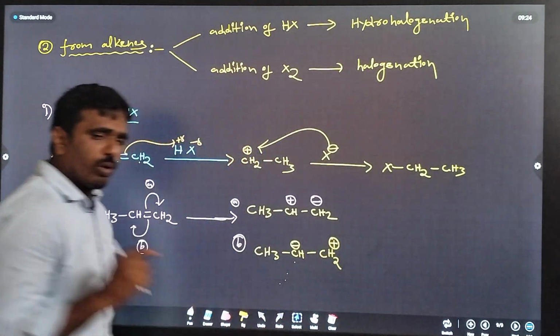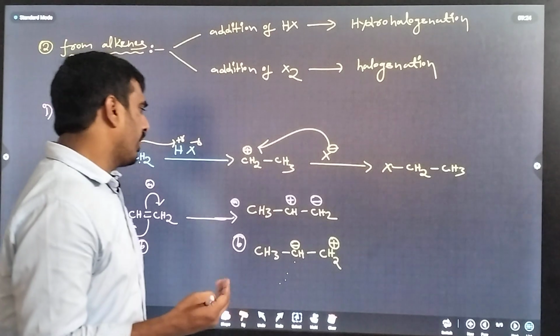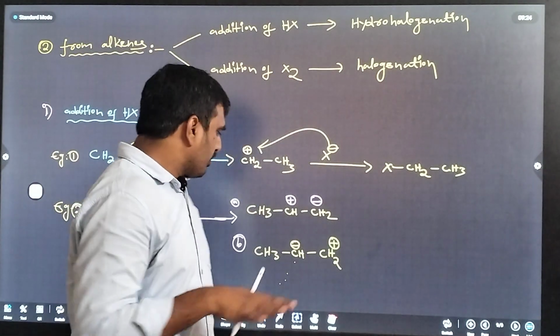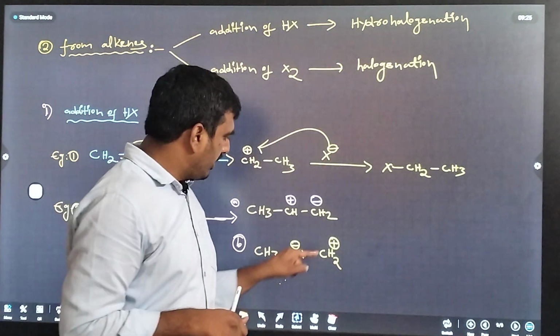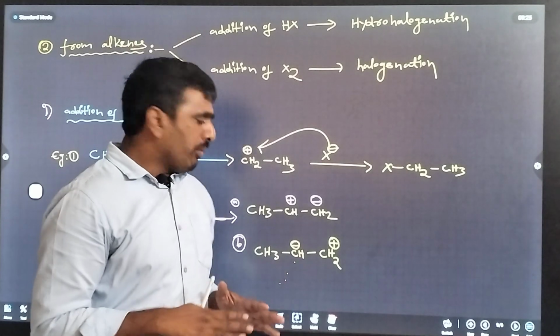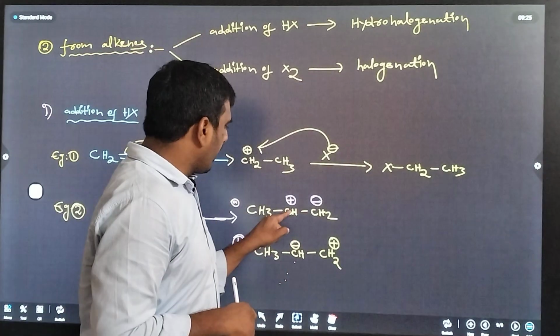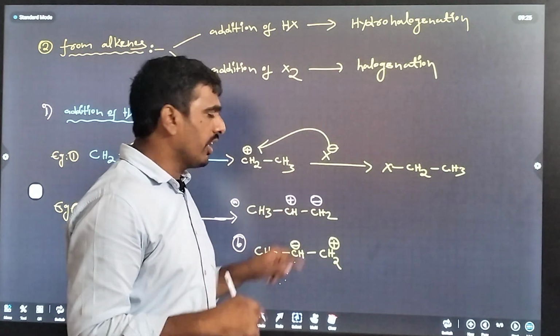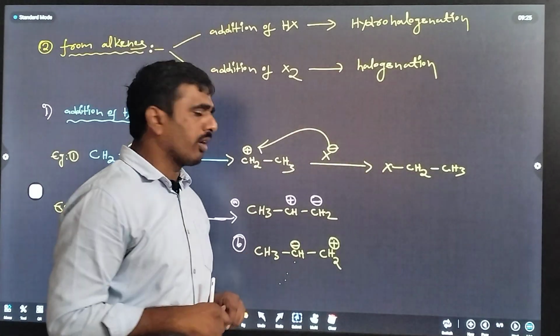We know the stability of carbocation and the stability of carbanion. Which carbocation is more stable? Here the plus charge is present on a secondary carbon, here the positive charge is present on a primary carbon. Between primary and secondary carbon, which is most stable? Secondary is most stable. Next, with respect to anion, this is a carbanion, this is a carbanion.